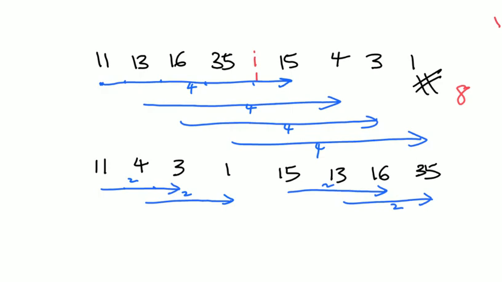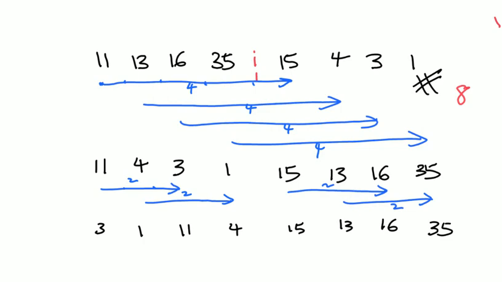Let's take a look at these arrows one after another. 11 and 3, we do a swap, so 3 is transferred to this location, and 11 is in this location. 4 and 1, we do a swap. Now 15 and 16 we maintain, and 13 and 35 we maintain. So we have this now.